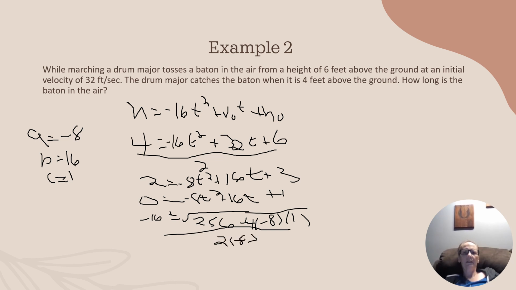So I have negative 16 plus or minus the square root of 256 minus 4 times negative 8 times 1, which is 288.